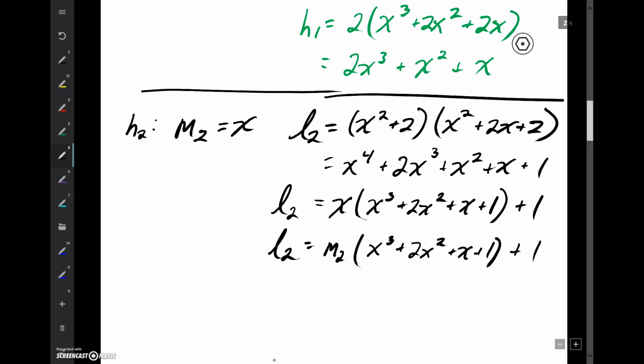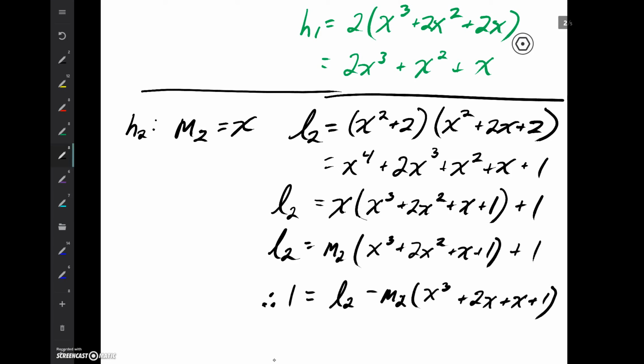Again, Bézout's theorem says 1 equals all this other stuff, so we have to get the 1 by itself. If we solve for the 1, we get 1 equal to L2 minus M2 times that whole thing, x cubed plus 2x squared plus x plus 1. Again, we don't really care what's with the M2. All we care about is what's with the L2.